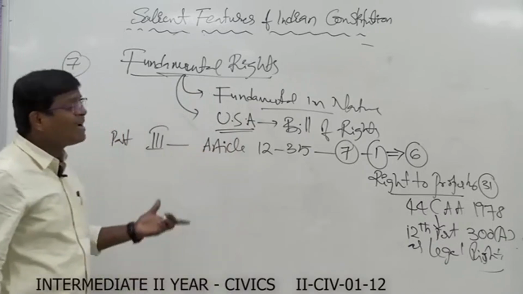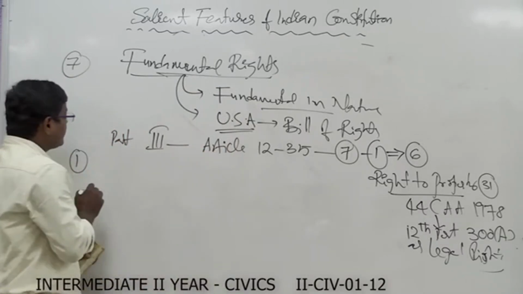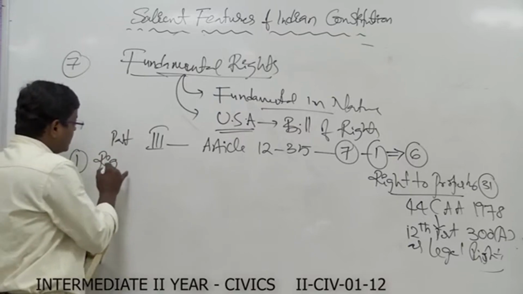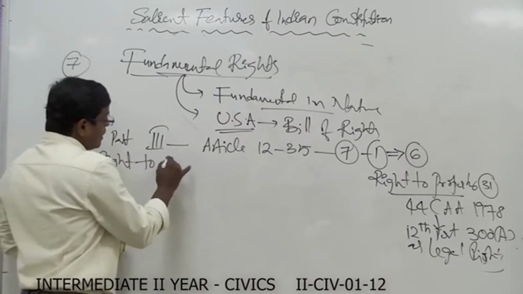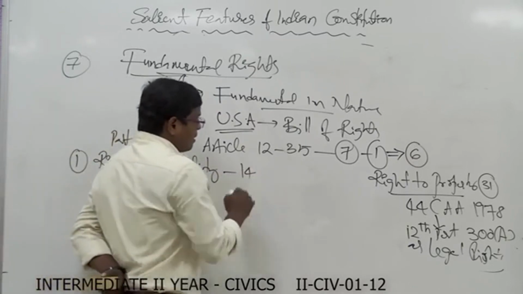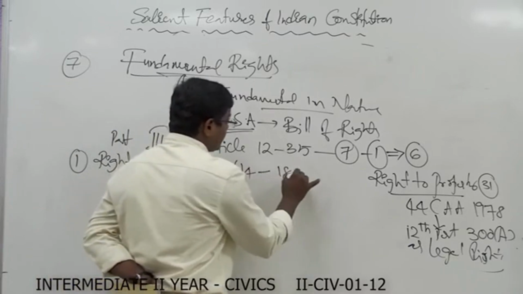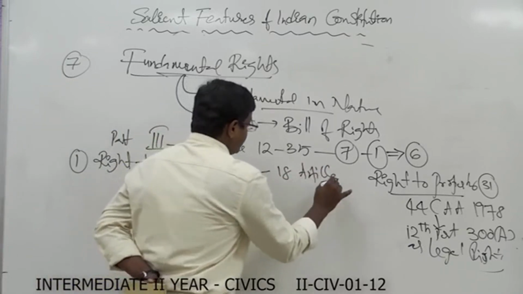Then what are the remaining 6 fundamental rights? You know very well. The first fundamental right is the right to equality, which comes under Article 14 to 18.